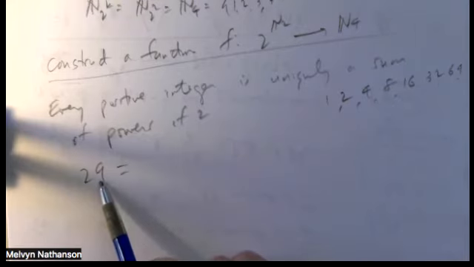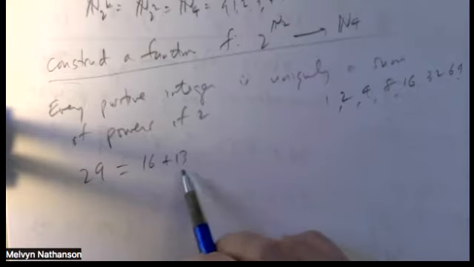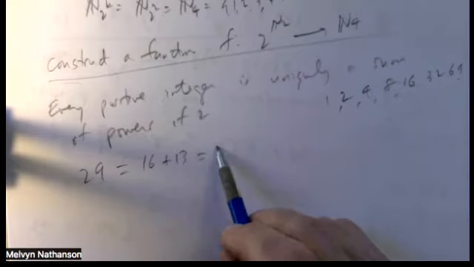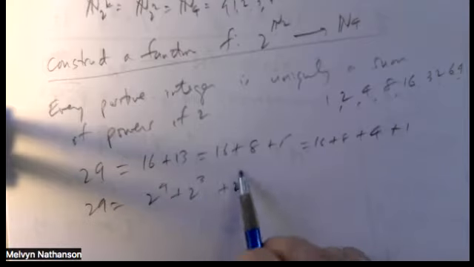The largest power of 2 that I could use to break down 29 would be 16. So that's 16 plus 13. For 13, the largest power of 2 that goes into 13 is 8. 8 plus 5. The largest power of 2 no bigger than 5 is 4, plus 1. So 29 is 2 to the 4th plus 2 cubed plus 2 squared plus 2 to the 0.